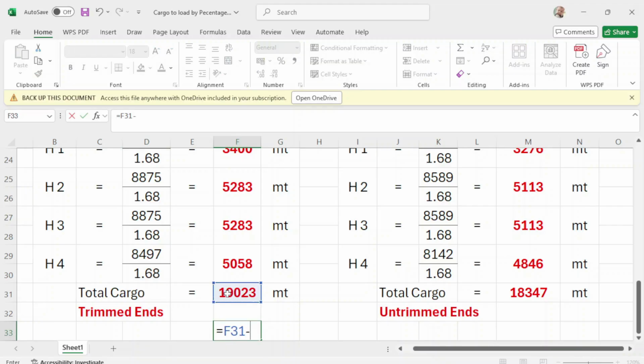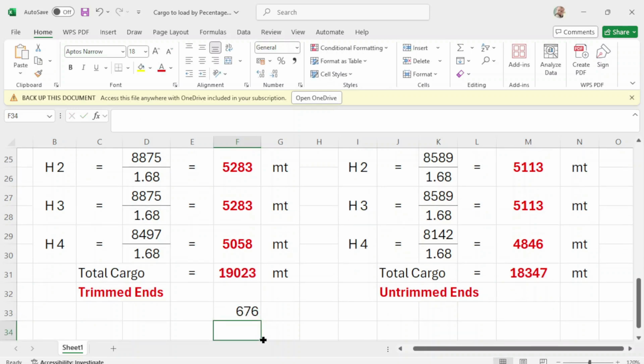The difference is 676 metric tons empty. Okay, so that's the difference.